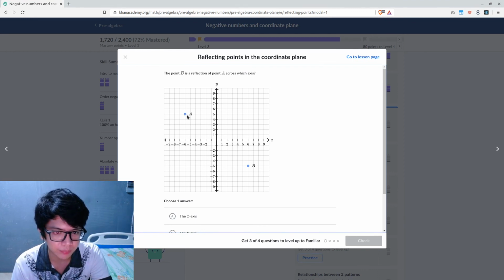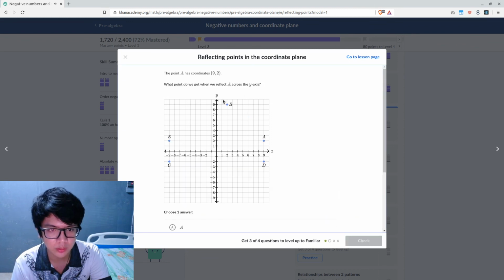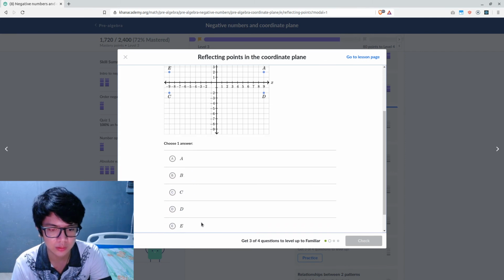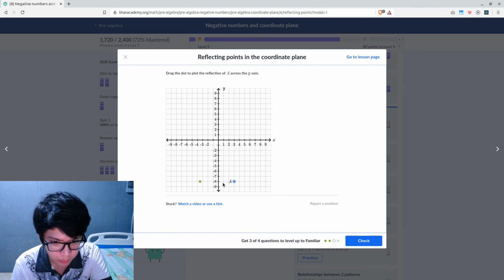The point B is a reflection of point A on which axis? Okay, 5. This is 6, and then this is 6 as well. That's 5, negative 5. What point do we get when we reflect A across the y-axis? A across the y-axis, you get E. Drag the dot to plot the reflection of A across the y-axis. 1, 2, 3, right?